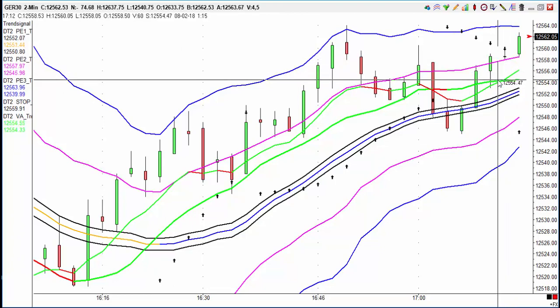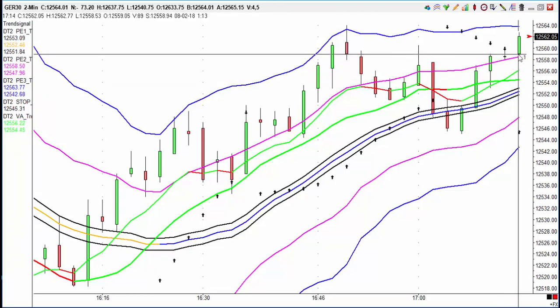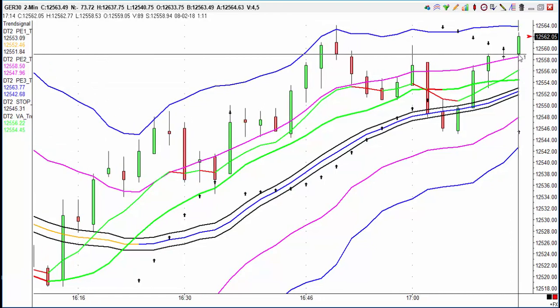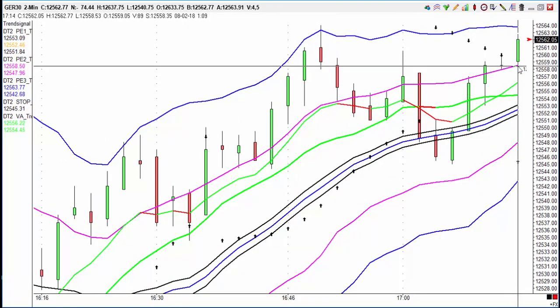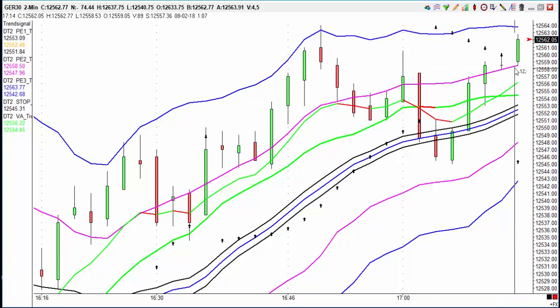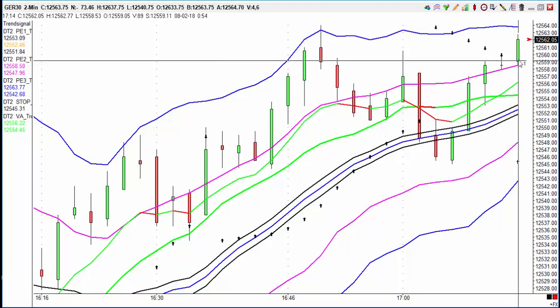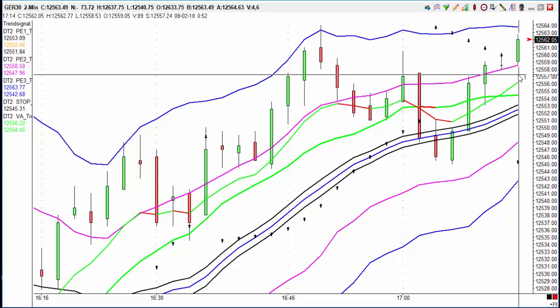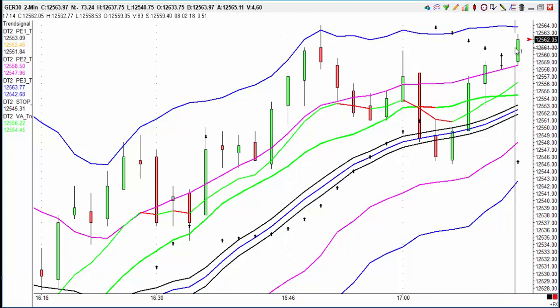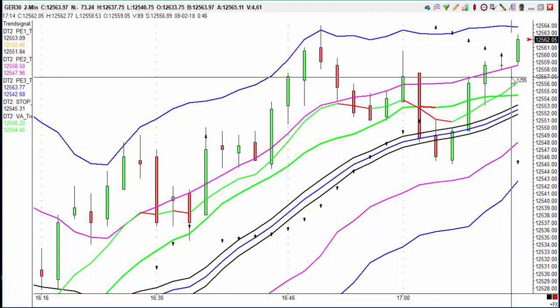Both vector averages are green. Candle's opened above the vector averages, and it's also opened above the inner price envelope. So in this case, on the open of this candle, we get an entry. Remember the previous ones we looked at were on the close. This one's on the open. It's the first thing that comes into play. If this candle had opened inside the price envelope, then we'd have had to wait until it closed. But it's opened outside, so there's our entry.